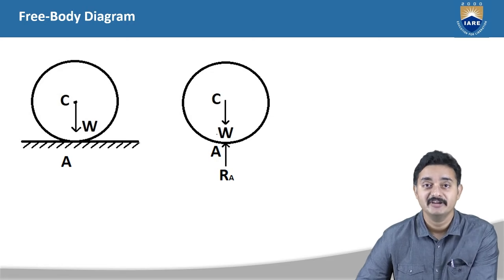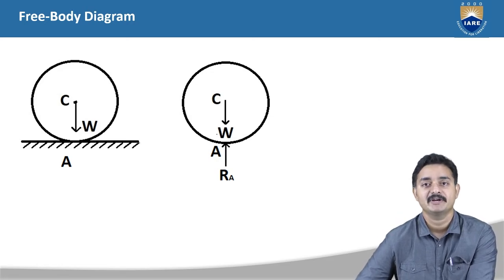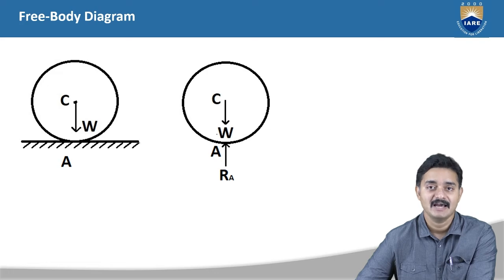Now let us learn a very important aspect called the free body diagram. This is a very useful tool for solving problems in engineering mechanics. It is described as a sketch showing only the forces acting on a body, obtained by removing the support elements.